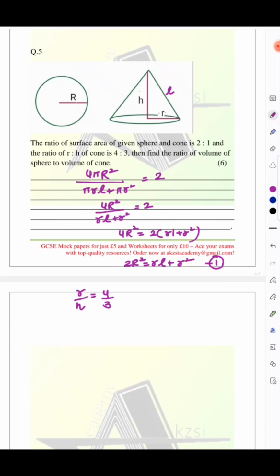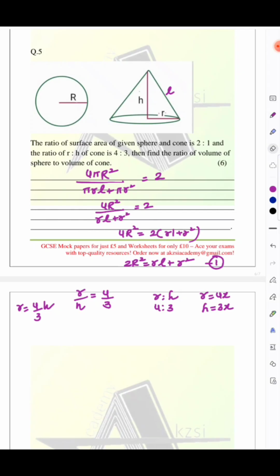Or we can directly convert into terms of r and h. It's totally up to you. If you want to convert in terms of x, I can say that if r:h is 4/3, then r will be 4x and h will be 3x. Or you can calculate the value of r in terms of h like this, and then put the value.